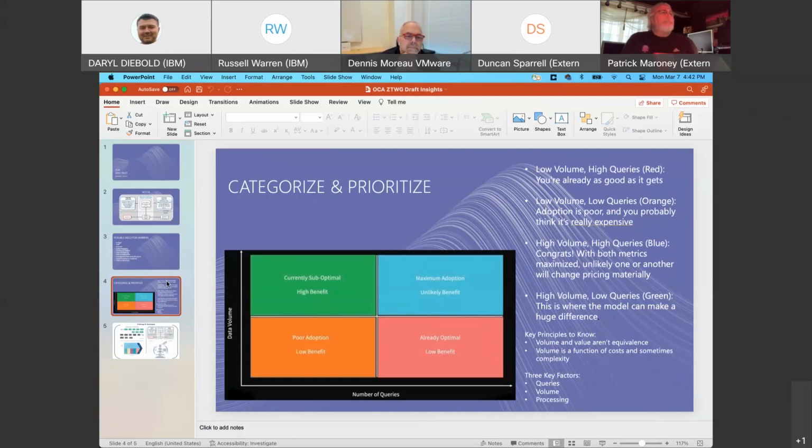But if you look at the high volume, high queries, both metrics maximize. That's ideally where, and query meaning an actual search or rule alert that's set up in a SIEM world.